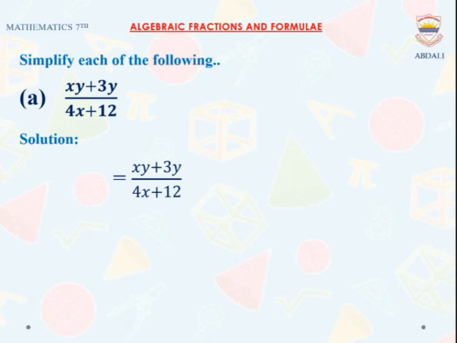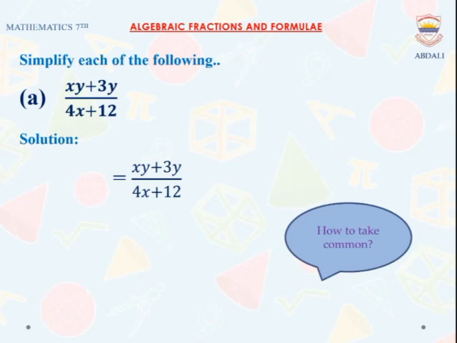So here is a question: how to take common? Think about it. We will write the common value one time and all the other remaining values in a bracket. Like from the numerator, y is a common term, so we will write y one time and in the bracket we will write x plus 3, which is left behind.